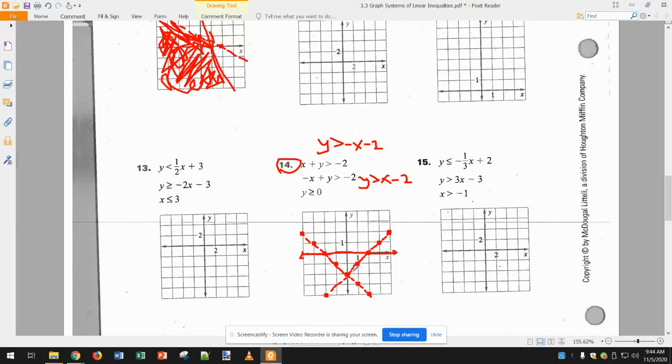Above the horizontal means there can't be any shading down below here. So even though it says above the other lines, this triangle region should not be shaded. It should not be the overlapping region. It's only going to be this region up here. All of this.